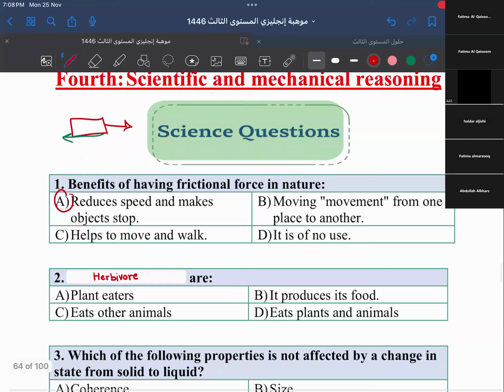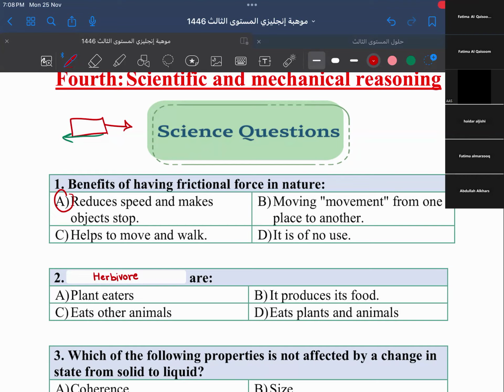Here also it helps to move and walk. You can say that it's practically doing the same, but we're talking about the main benefit of frictional force. It helps us move, as in if you walk on ice and there is little friction force there, it's going to be hard to move.